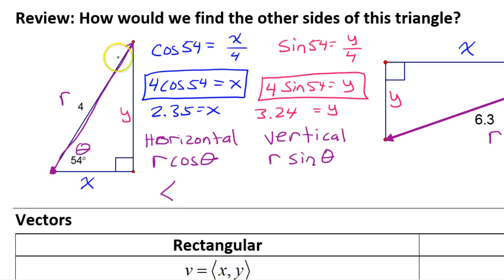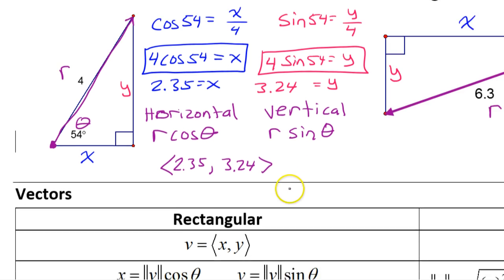The component form of this vector is 2.35 comma 3.24. That was the horizontal component and the vertical component that we found using the same process. This one's in the first quadrant, so everything is positive, so that worked out nicely.